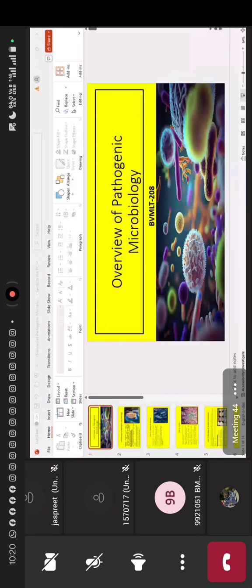Unit 3 is about the modes of microbial infections, that is, how microbial infections appear in the body. The first topic is microbial adherence. If a microbe wants to infect your cell, there are several steps it has to fulfill.